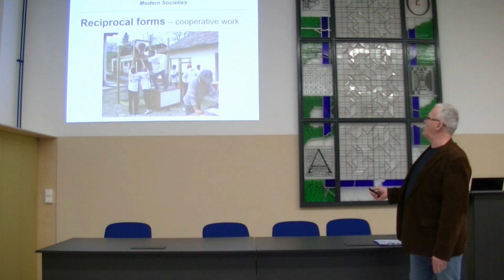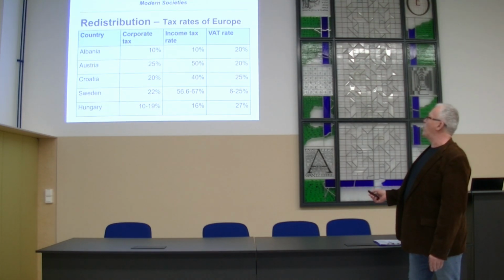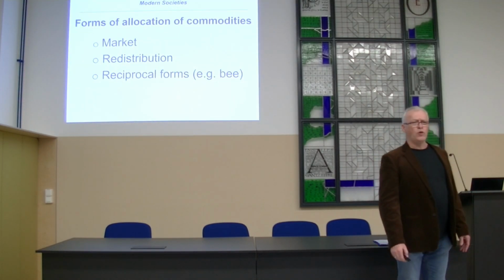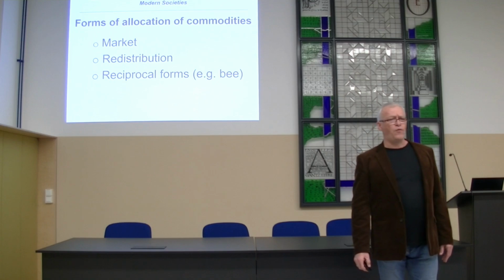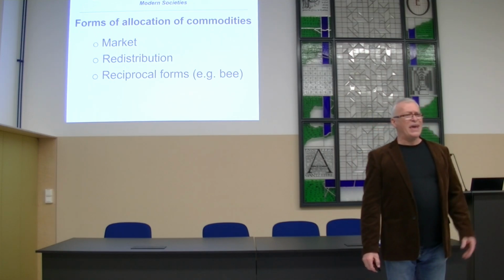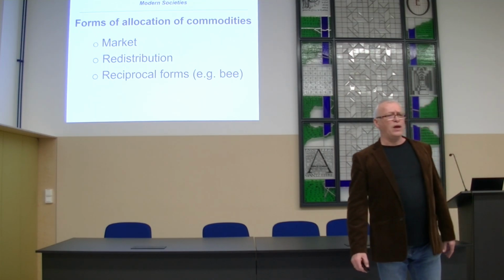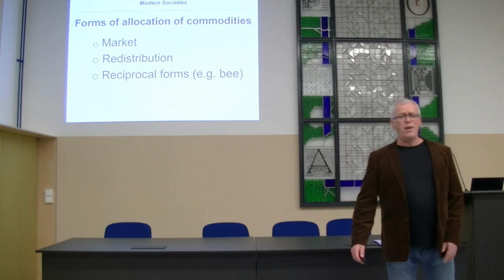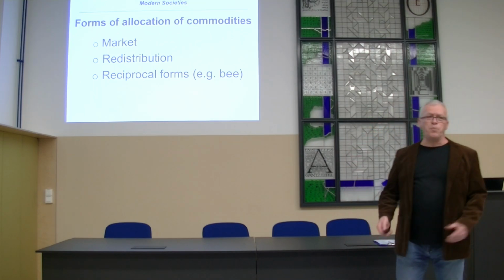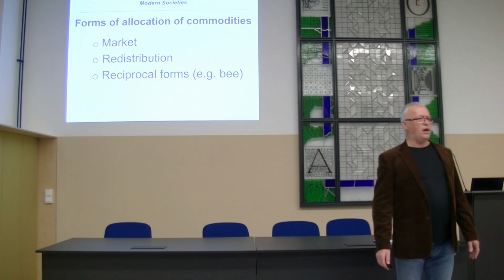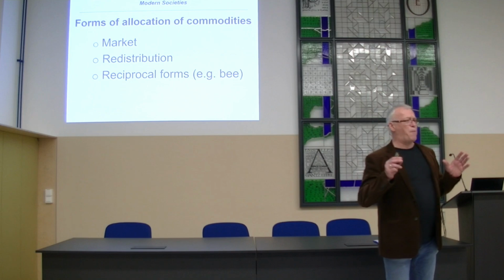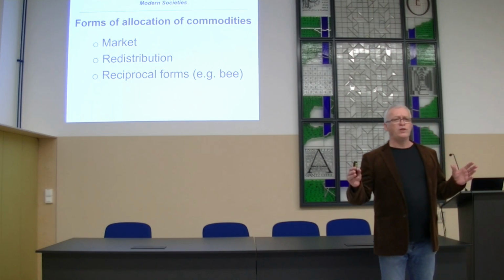Okay, jump back a little bit. And the third form is the reciprocal form. You know what the reciprocal form is? I don't know the English word, but in Hungary this reciprocal form is named kalaka. It's a bee. It means, for example, there is a poor couple after the marriage.